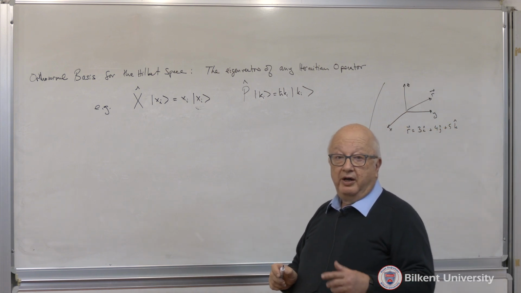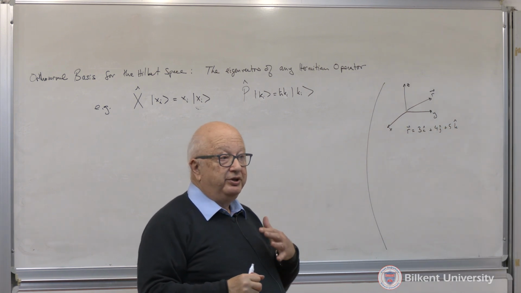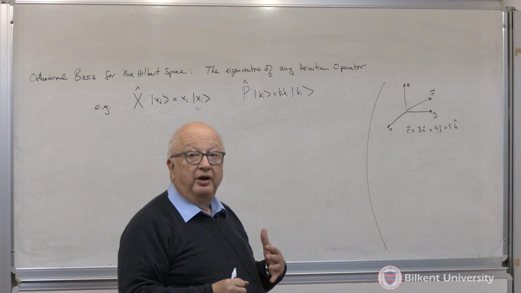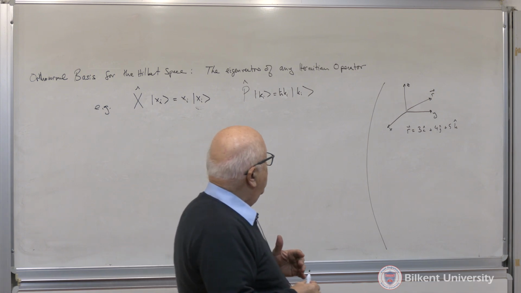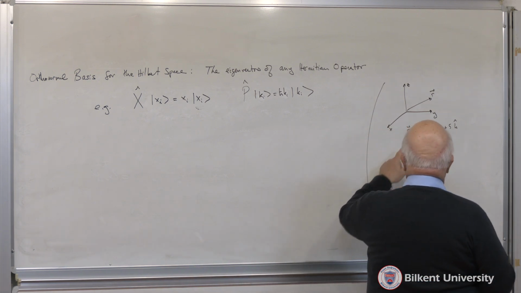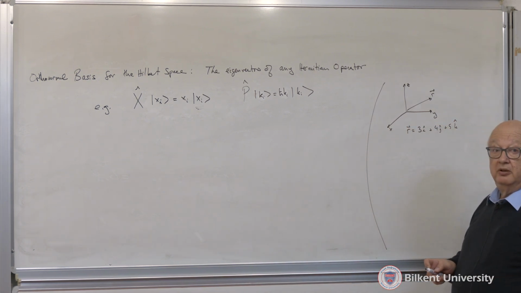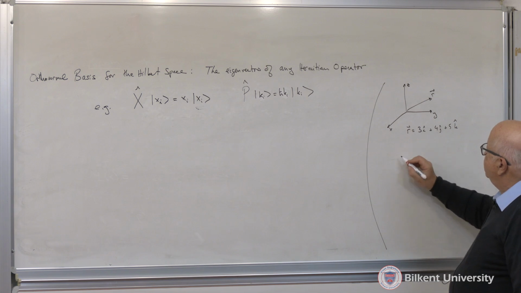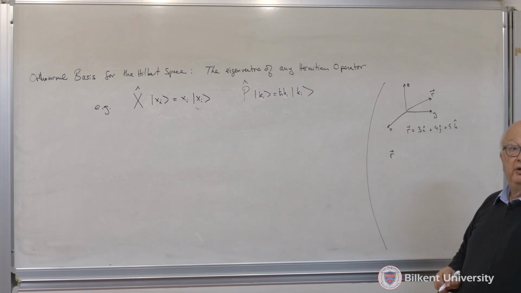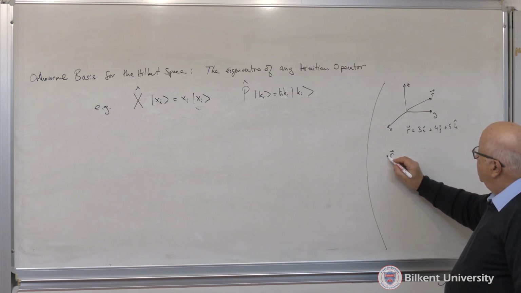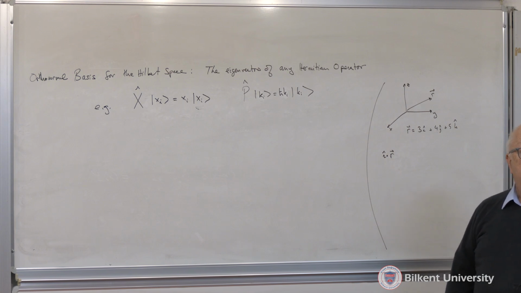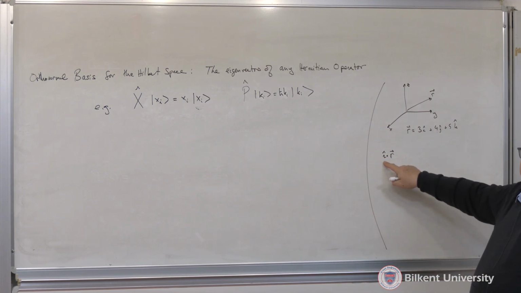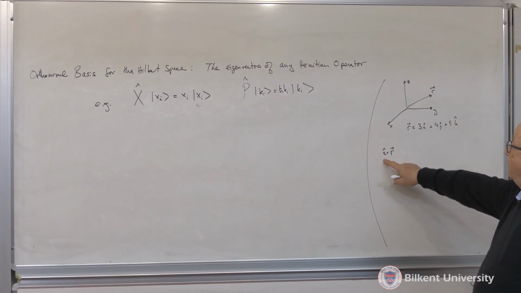If I just take the projection of this vector in any direction and then multiply it by the unit vector in that direction. Suppose I take the projection of this in the x direction. What do I get?